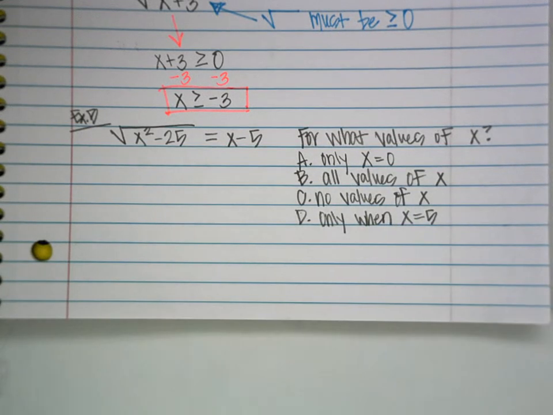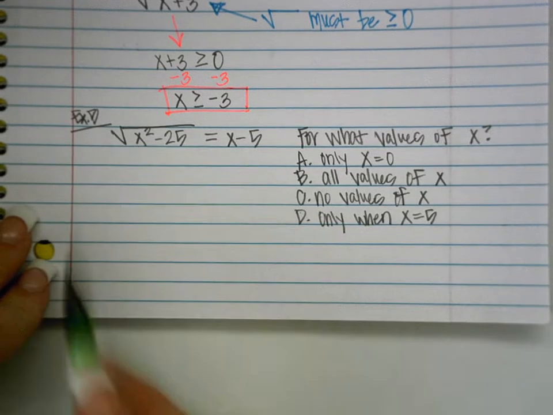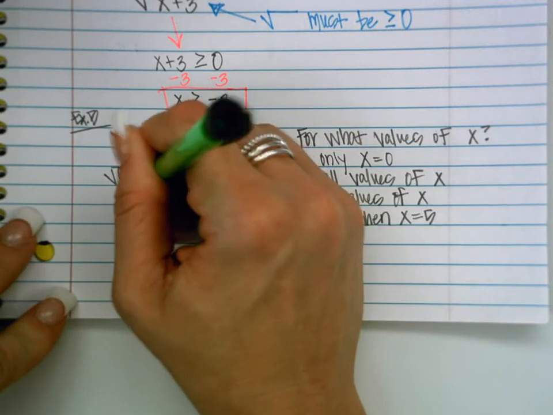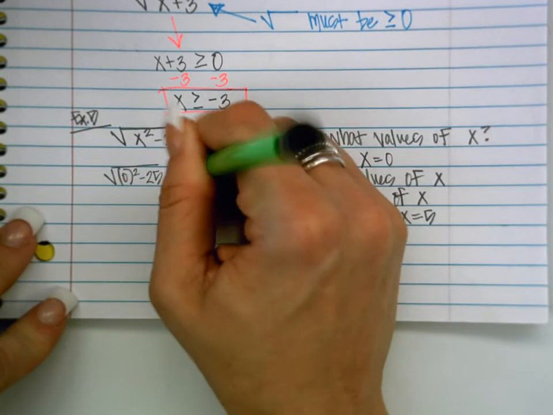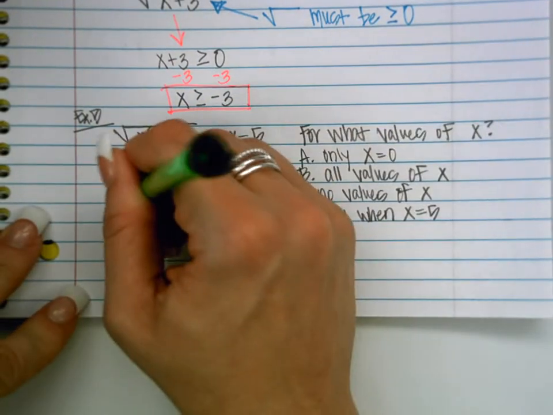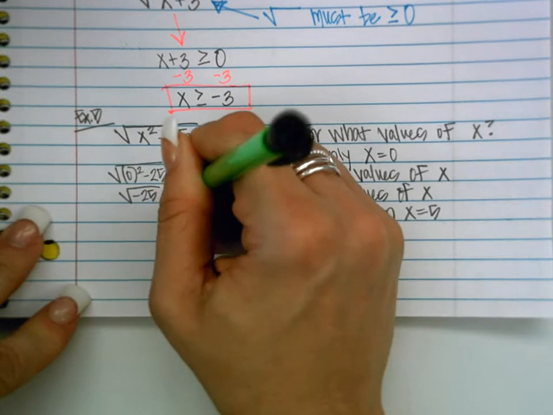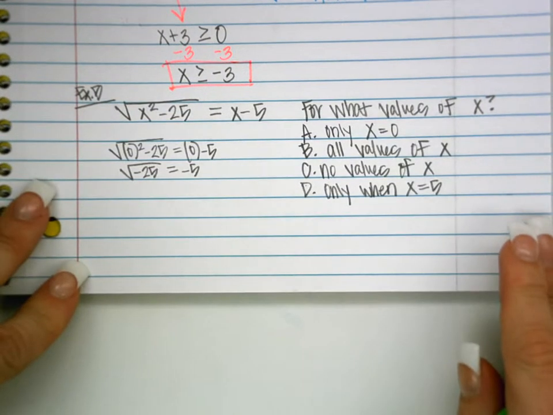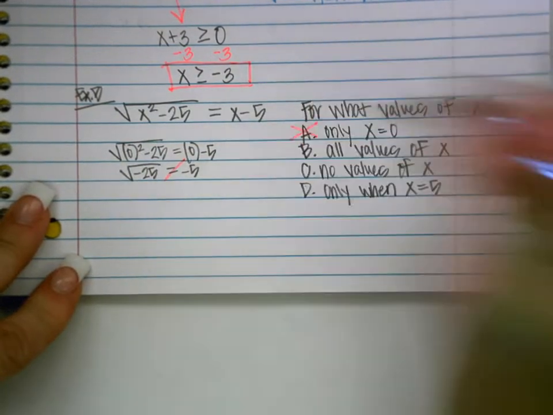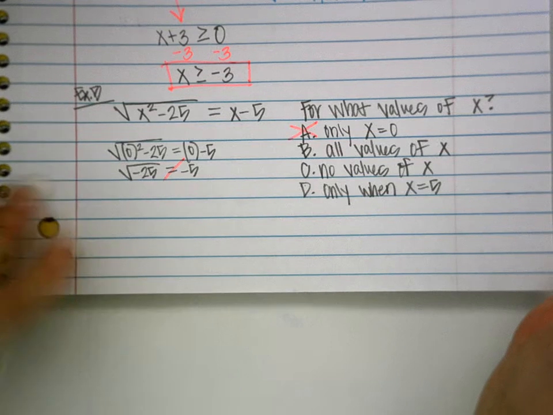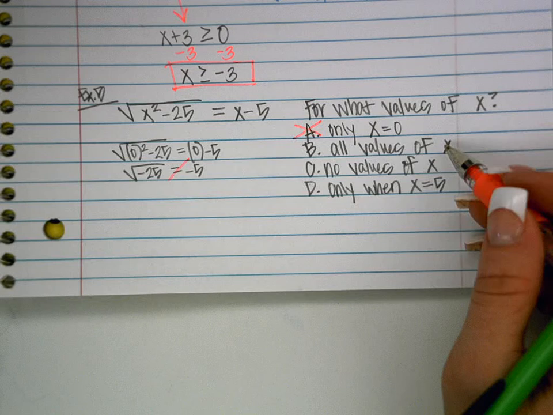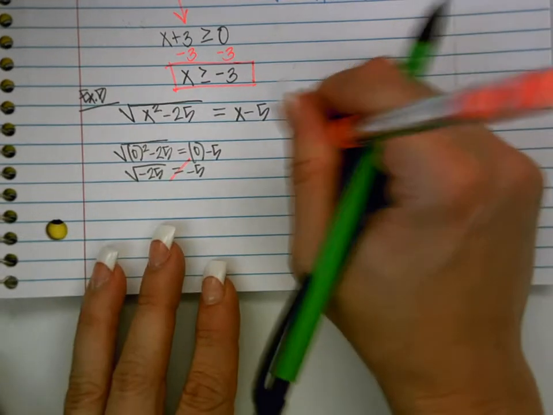If you plug this in, is the square root of 0 squared minus 25 equal to 0 minus 5? 0 squared is 0, minus 25 is root negative 25. Is that equal to negative 5? No, this does not work. So that tells you it definitely does not work when x is 0. So will it work for every single value of x? No, we just proved that it doesn't work when x is 0.